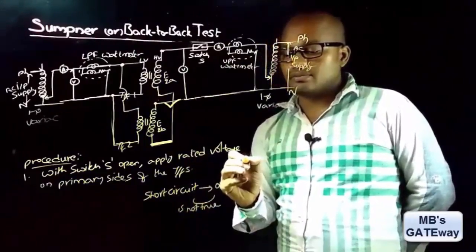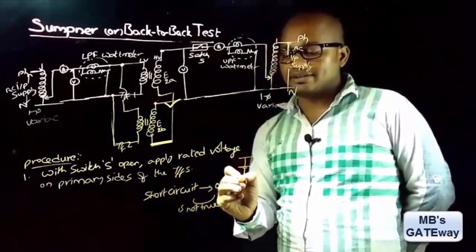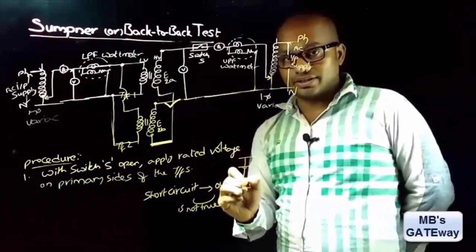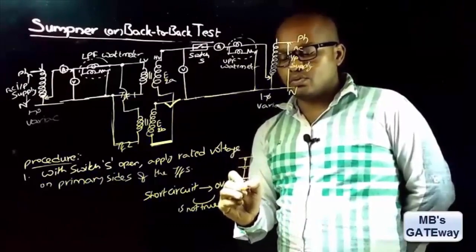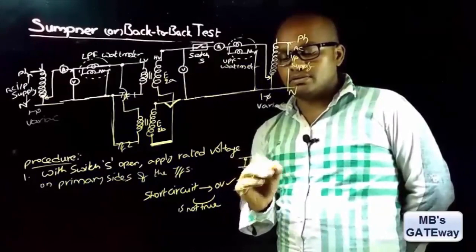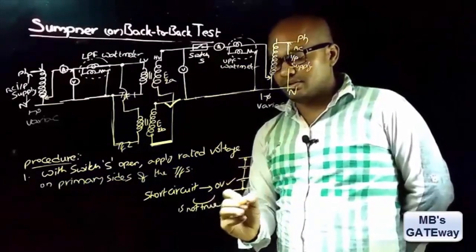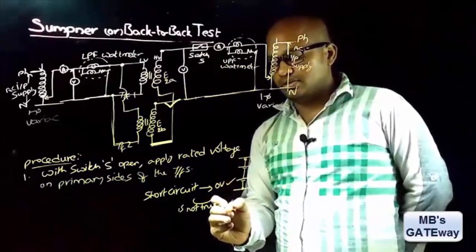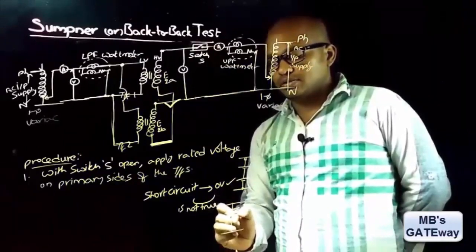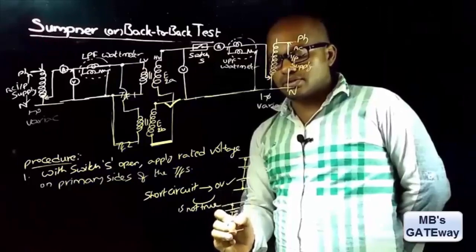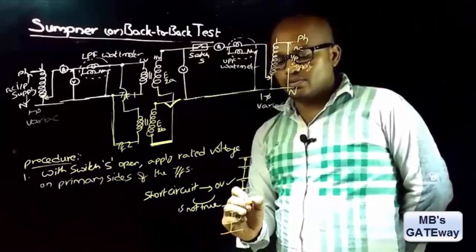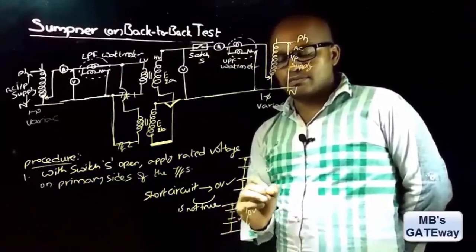That is, suppose you are connecting two batteries like this, so these two are connected in series, and if you measure the voltage between this point and this point, the resultant voltage will be 2V. But if you measure the voltage between these two points when these two sources are connected like this, then the voltage is 0.